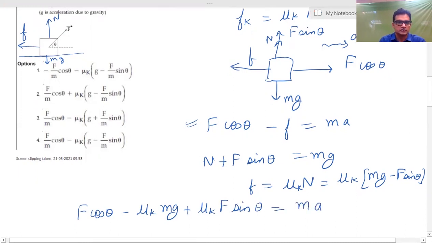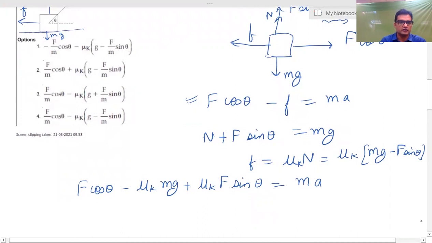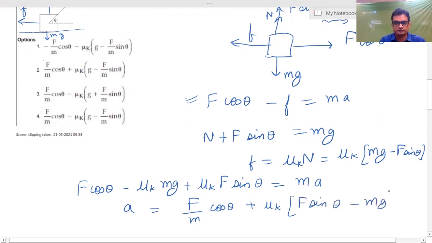Here I'm getting the acceleration a is equal to F by m times cos theta, taking mu k common, plus mu k F sin theta minus mg. So we can see which option matches: it is F by m, and we have divided it by m. So this will be g.